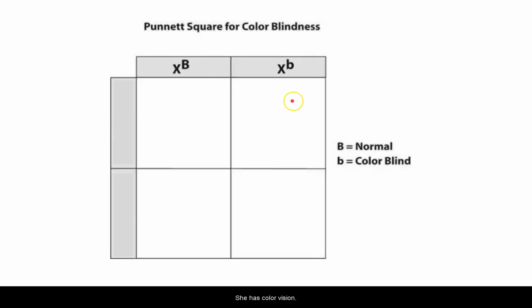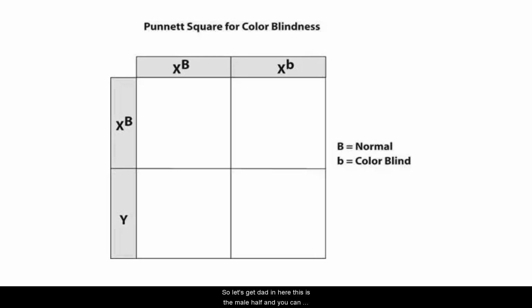She has color vision because she has this big B, but she is carrying around this recessive colorblind allele. But again, she can see because she has this big B on her other X chromosome to compensate.